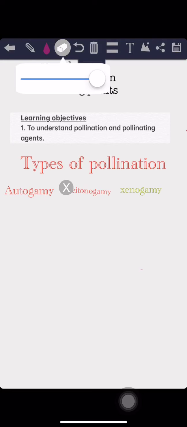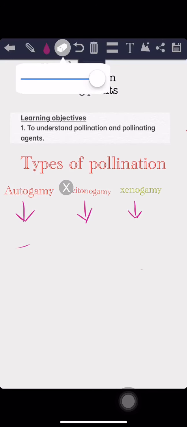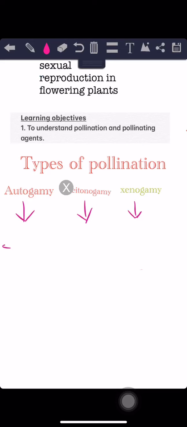Next, variation. Also, what are the major differences between all these pollination types? Very first difference is that autogamy is having the same flower.